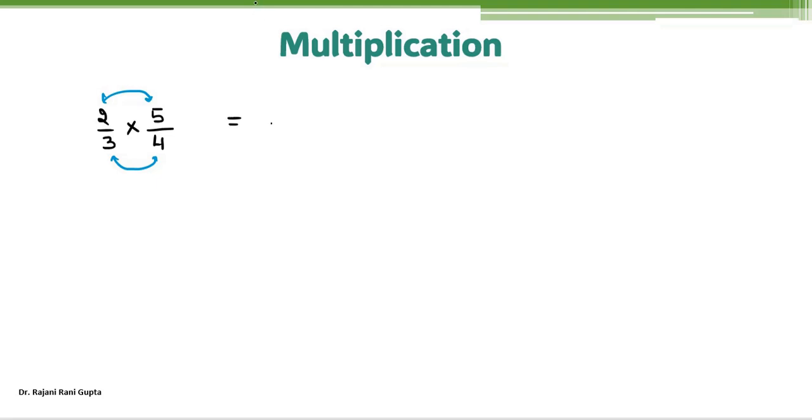So this gives you again a fractional number, 2 times 5 over 3 times 4, which on simplification gives 10 over 12. This is how we multiply two fractional numbers.